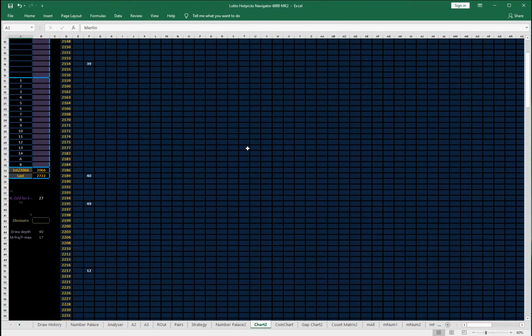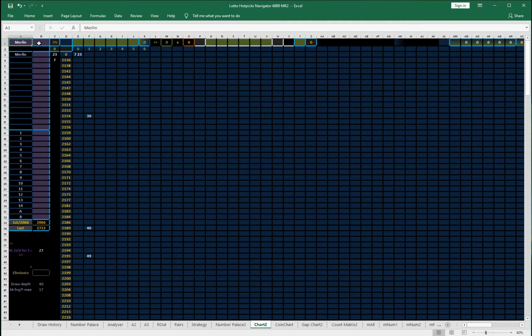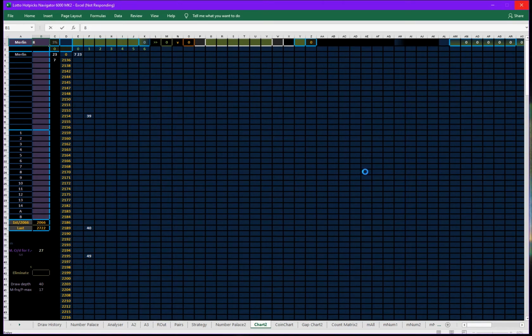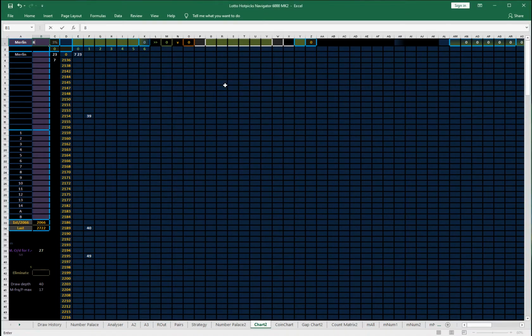So the frequencies have decreased, but it's not really done much vertically. But if we filter by the ball set as well, then we should get an interesting result.